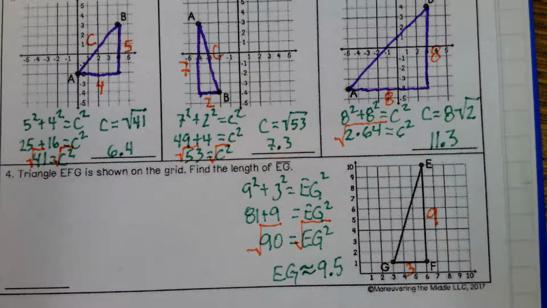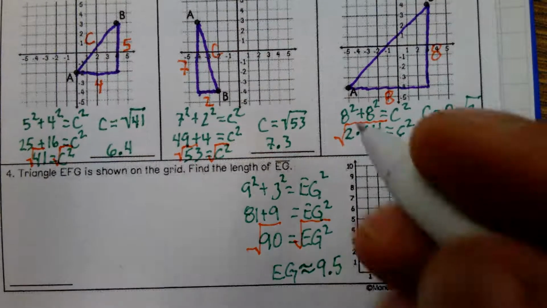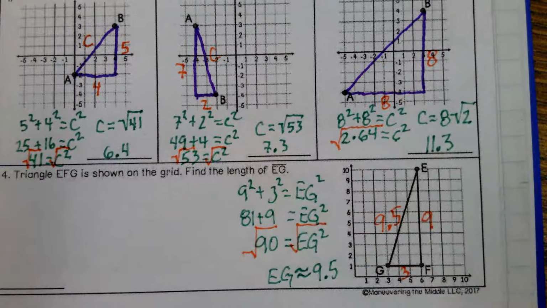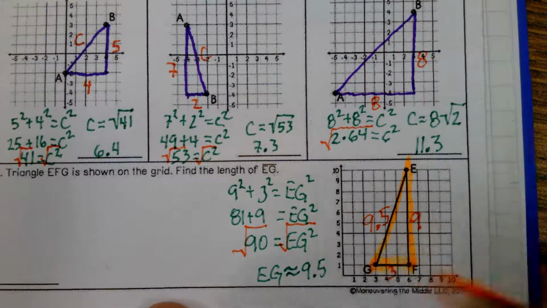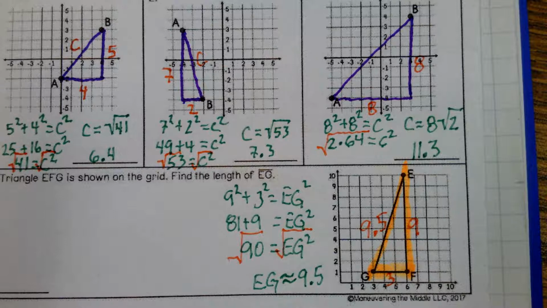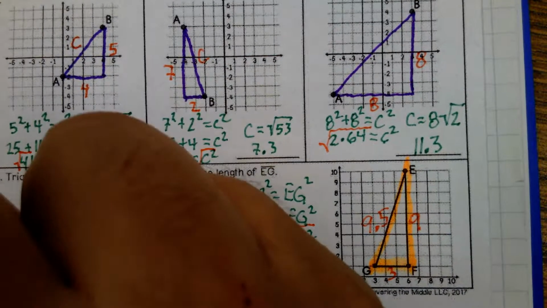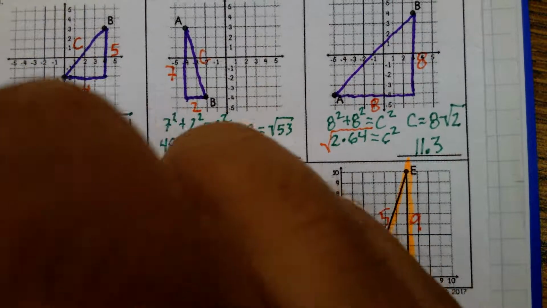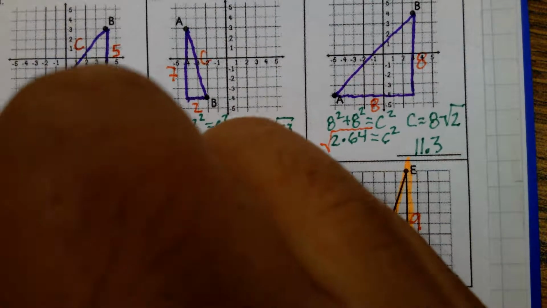Okay. So remember what we have to do for the perimeter? Perimeter is just the sum of all the sides. So let's just do that. So we want 9 plus 3 plus 9.5.